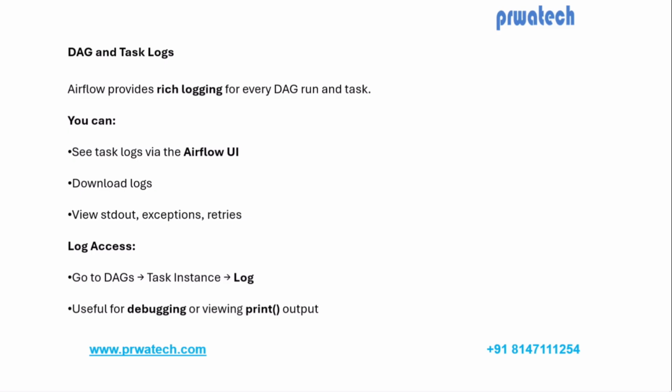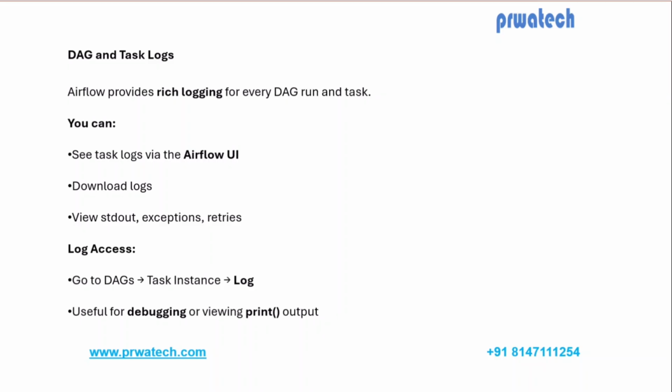Log access. To access the log, we should go to DAGs, then task instance, and then we can see the log. Log access is useful for debugging or viewing print function output.